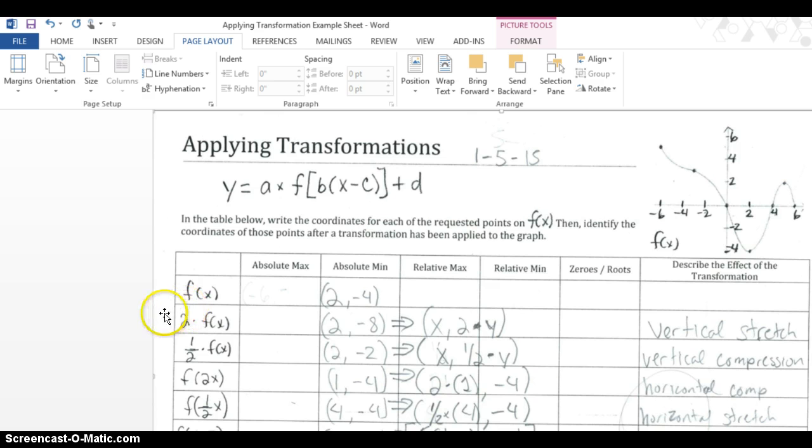But notice, to put 2 in the function machine, I only need half the x. Normally 2 gives me -4, but now I only need to put in a 1 to create that -4, because if I put in 1, I'll multiply it by 2 first, and then 2 goes in and creates -4. So by multiplying by 2, I need half the x value.